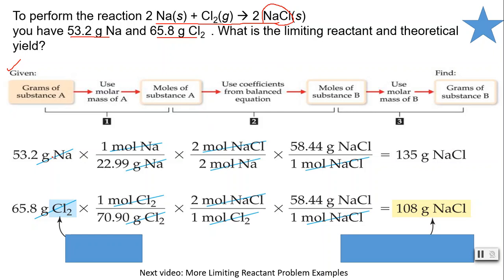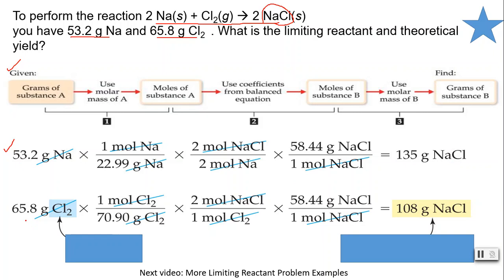So I need to do 2 separate calculations. One where I start with one reactant, the 53.2 grams of sodium, and find out how many grams of sodium chloride that is.